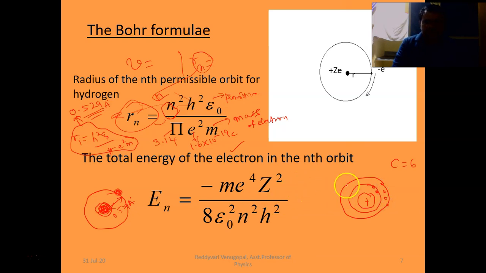Like this, for the second orbit, third orbit and so on, the radius of the orbit depends only on n, that is n square. That means the radius of the orbit is proportional to n square, where we call this n the principal quantum number. We will discuss it later, when it comes in the vector atom model.